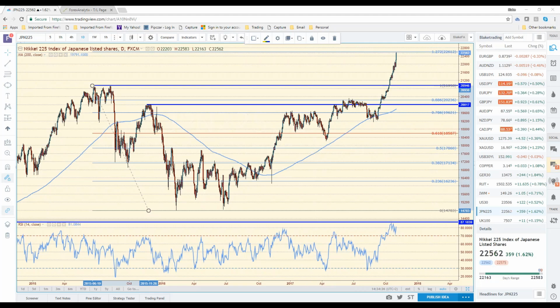I'll actually tweet that out. What's the Nikkei up? 17.5%. Yeah, it's 17+% in 38 trading days.